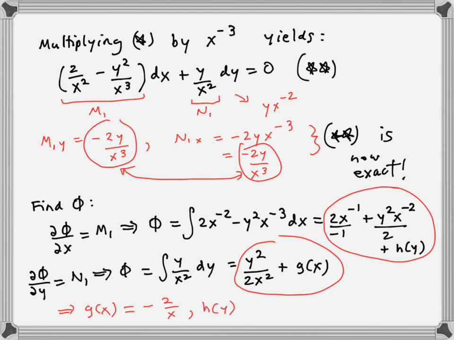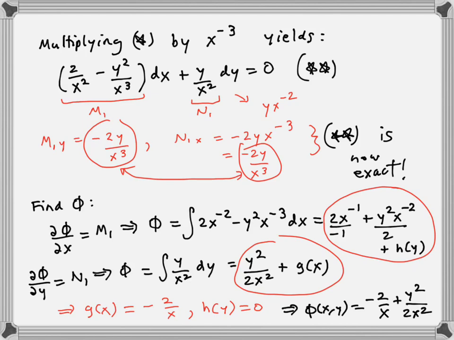And we know that h of y is 0 because there's no y parts in the second thing I circled, right? And so we know what phi is, right? This means that phi of xy is equal to just negative 2 over x plus y squared over 2x squared.